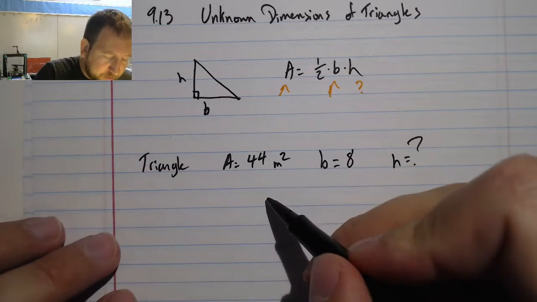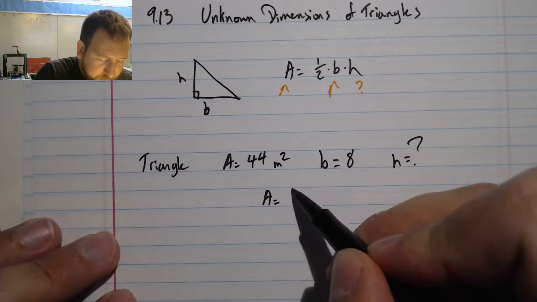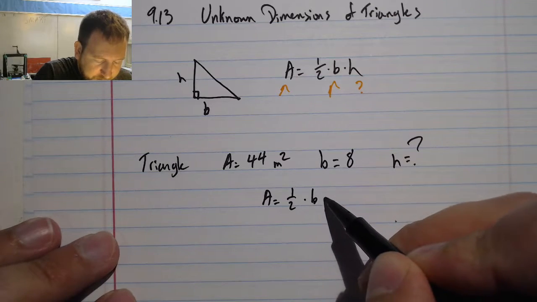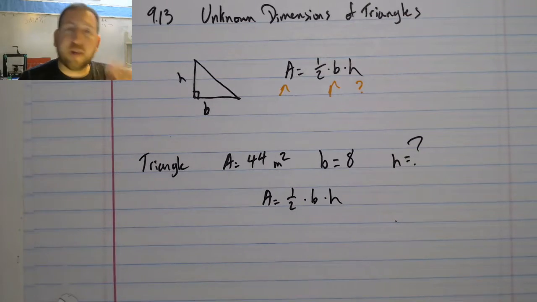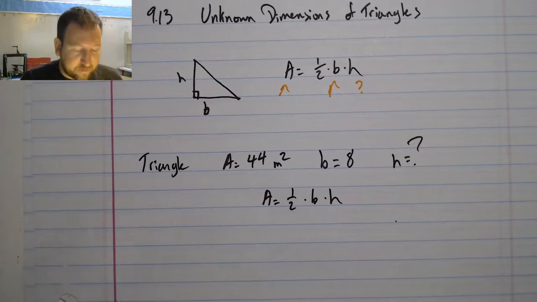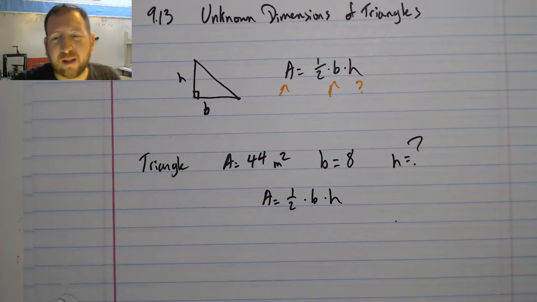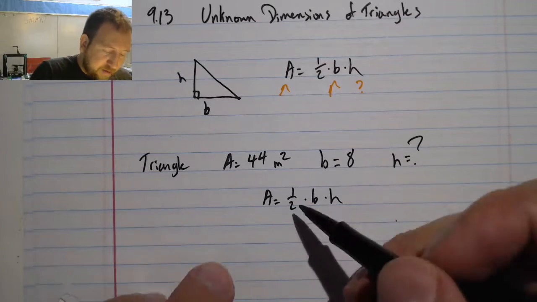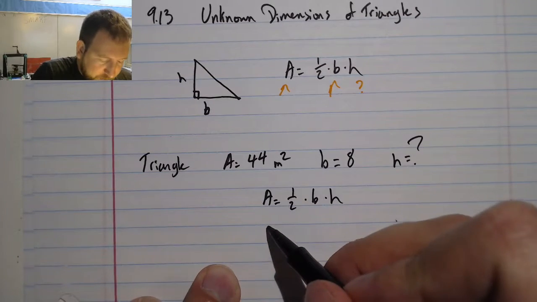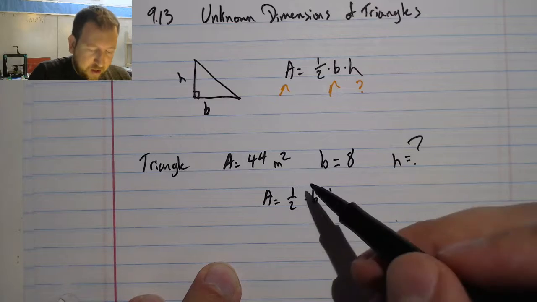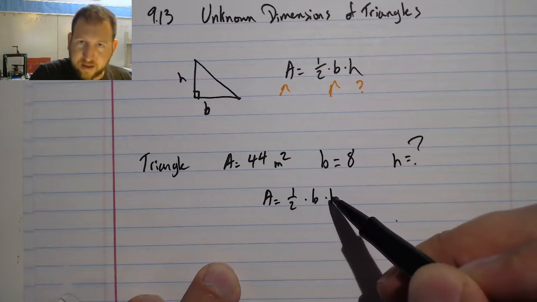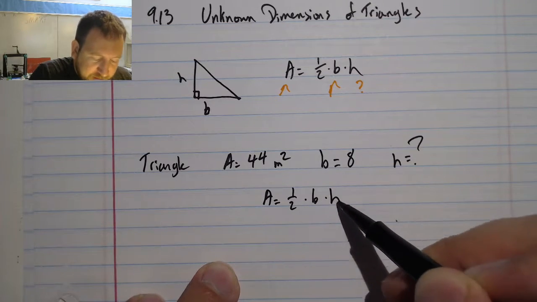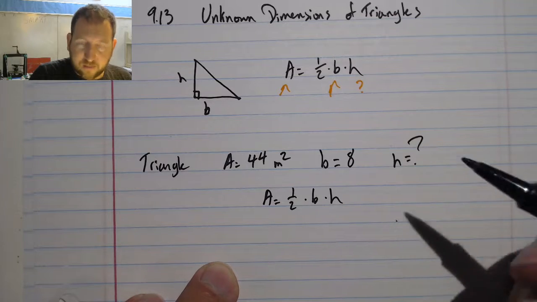So let's take our formula. Area equals 1/2 base times height, and let's make it look a little bit different so it can be easier for us to do some manipulating. This is 1/2 times base times height. This really means take this whole side and divide it by 2, right?